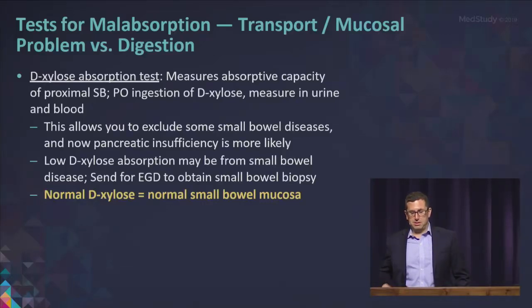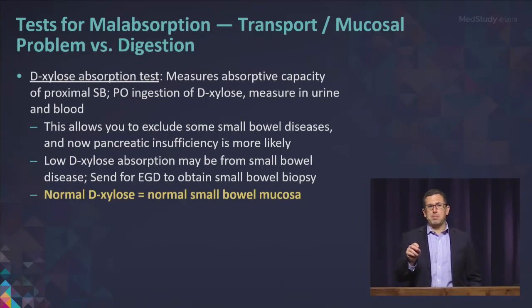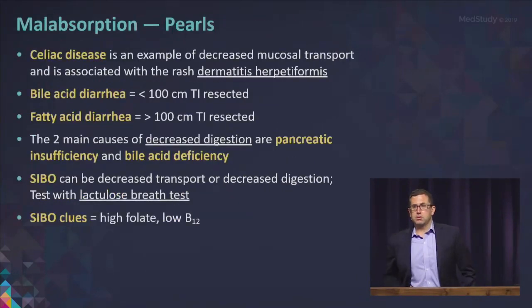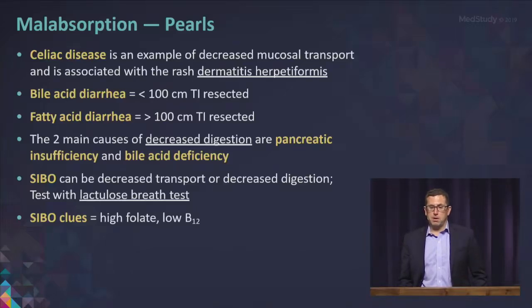Because if the small bowel mucosa is diseased, you may not be able to absorb D-xylose, whereas if the small bowel mucosa is normal, you will be able to. So that's really the key distinction for this test. So if you have a normal D-xylose test, the bottom line is you're going to have normal small bowel mucosa.